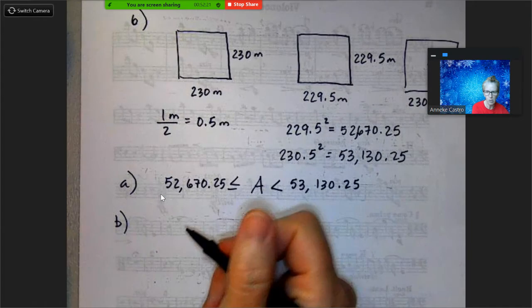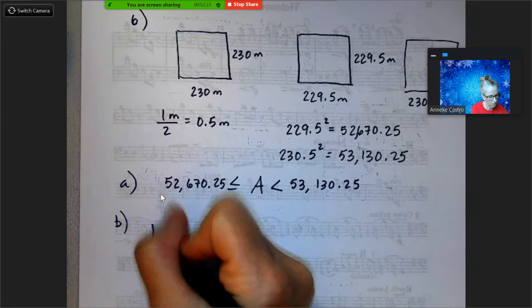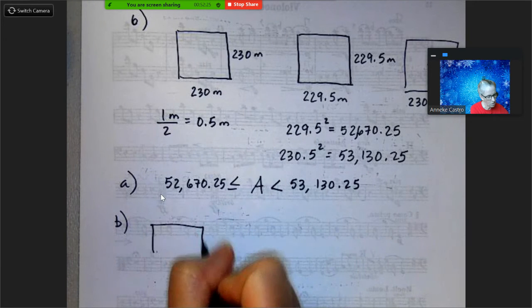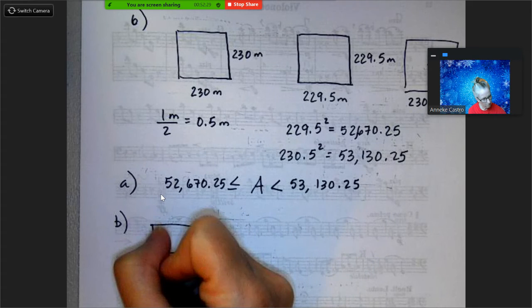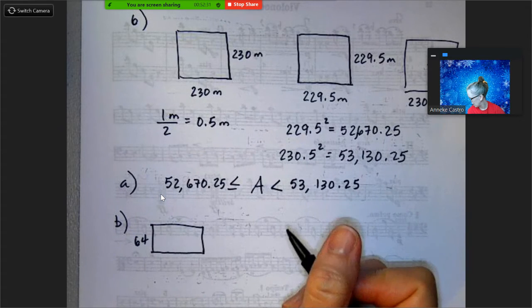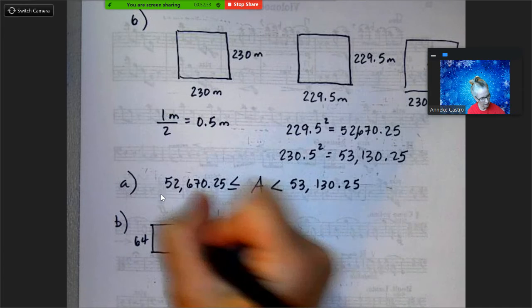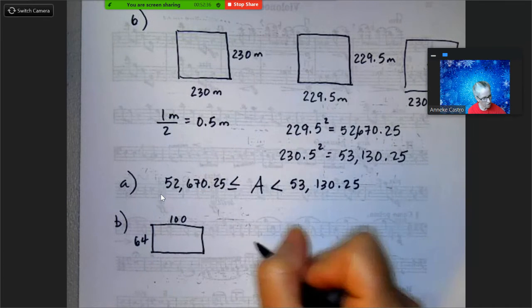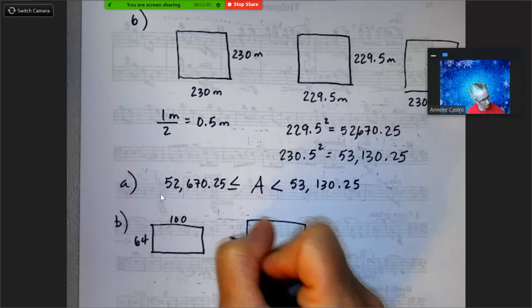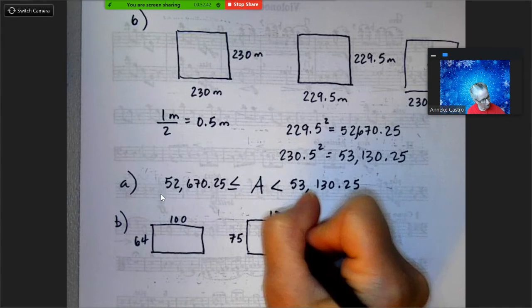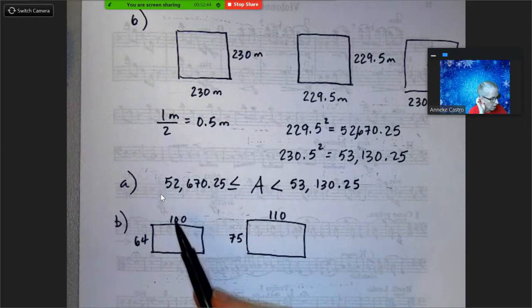And when they say football, they're talking about soccer for Americans. So the smallest it could be is 64 by 100. And the largest it could be would be 75 by 110. And I'm not going to worry about doing 75 with 100 because that would be in between these two sizes.